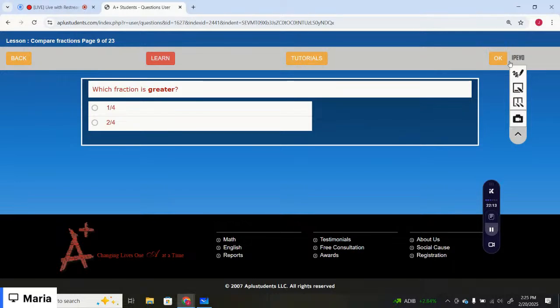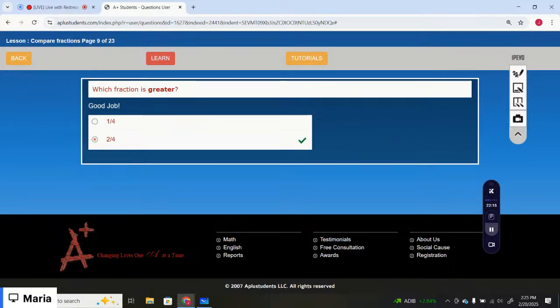The one that is greater is 2 by 4. Option number 2 is the correct option.